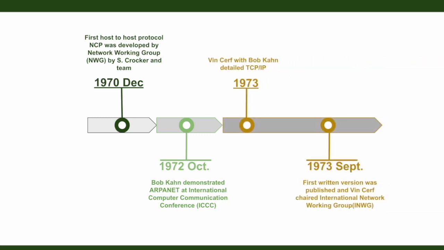In 1973, Vint Cerf teamed with Bob Kahn and detailed today's TCP/IP and how modularity has to be adopted in the internet architecture. The first written version was published, and Cerf chaired the International Network Working Group. And as we all know, Vint Cerf is known as the father of the internet.